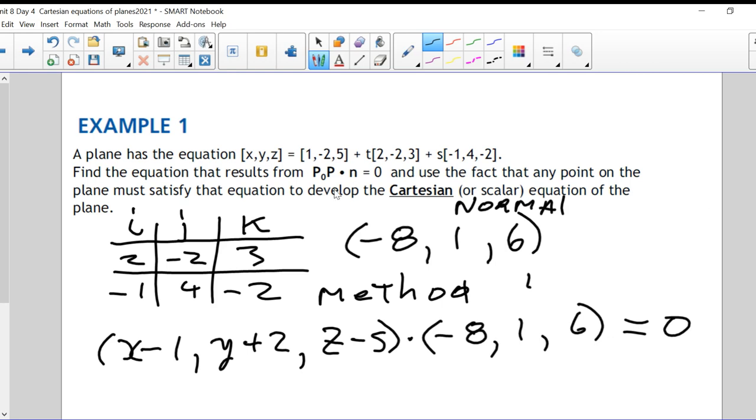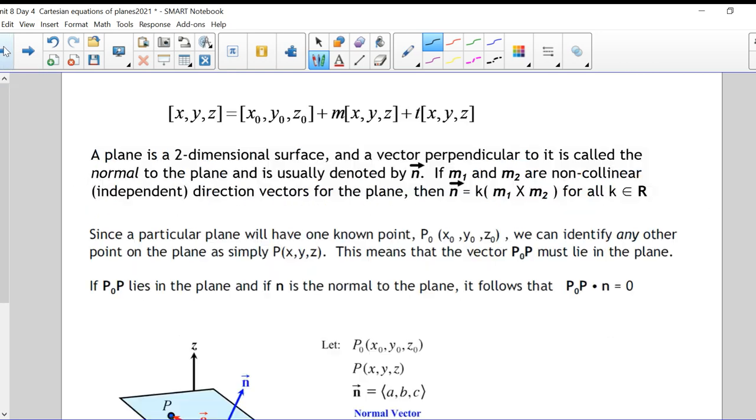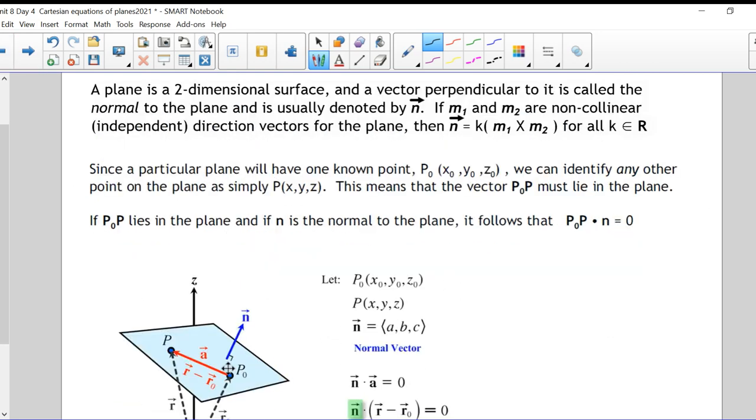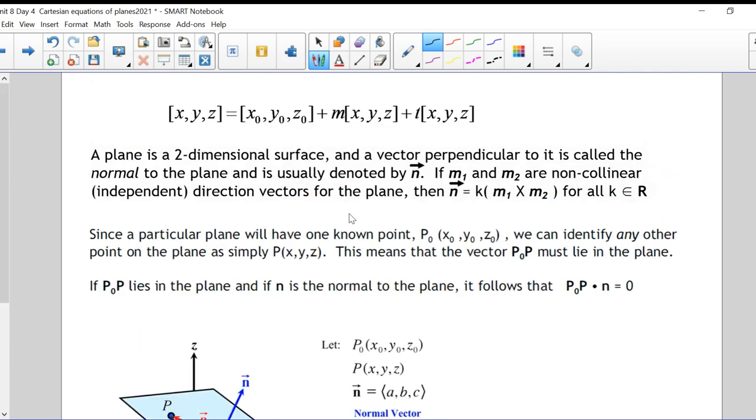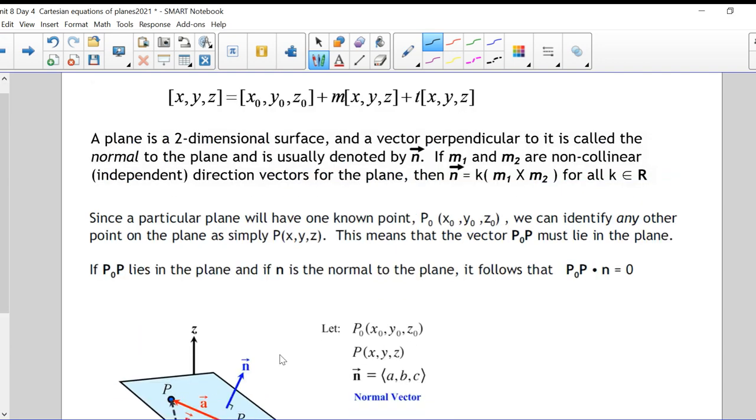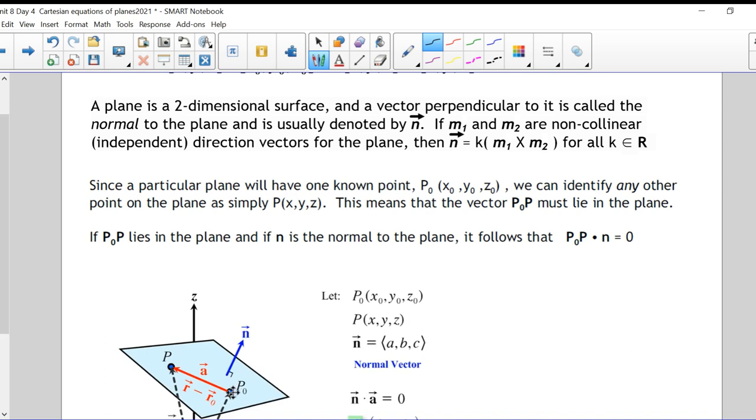Let me take you back to the page that we had before. We're saying that if I created any vector on this plane, then going from any point that we know, the known point right now, and creating a vector from that point to a generic XYZ point, then if I multiply that by the normal, because it's sitting on the plane, the dot product should be equal to 0.